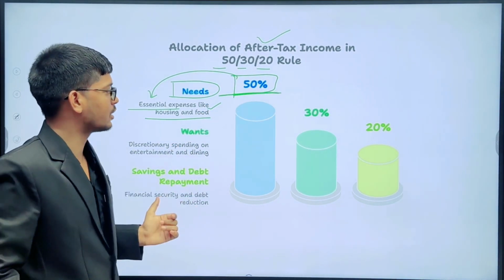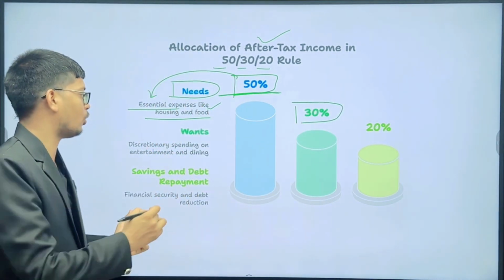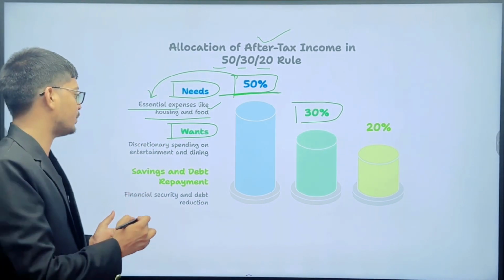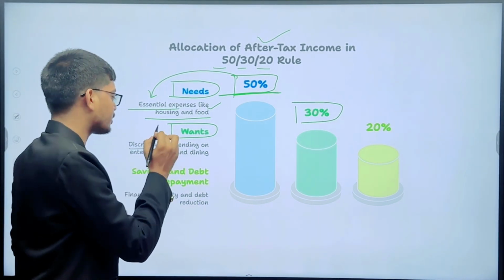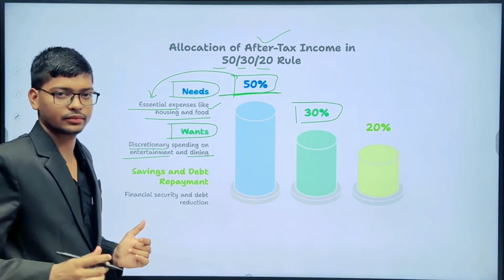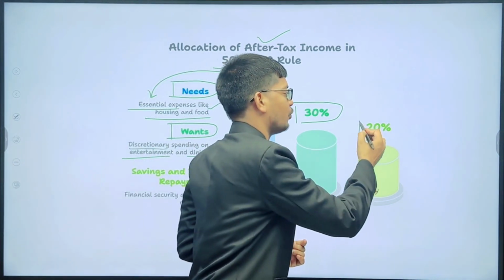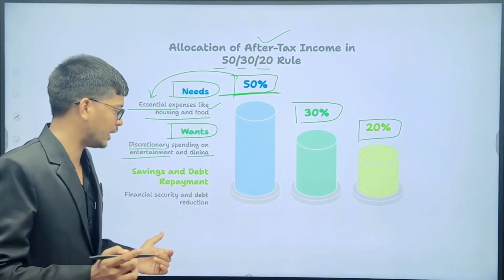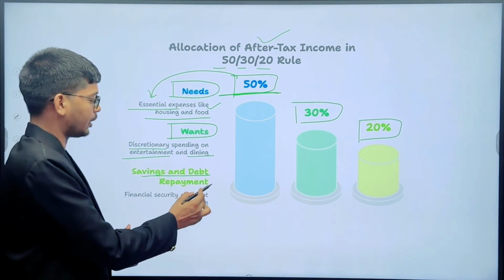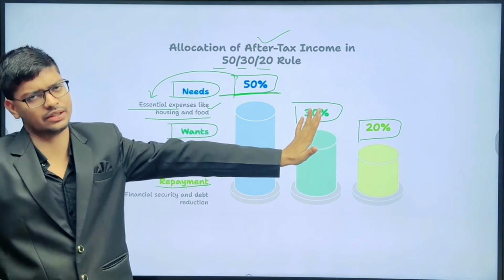Next, 30% of your income you spend on your wants. Wants mean discretionary spending on entertainment or dining. Then 20% of your income goes to savings and debt repayment. That's it.